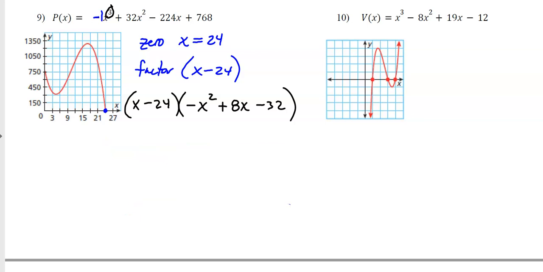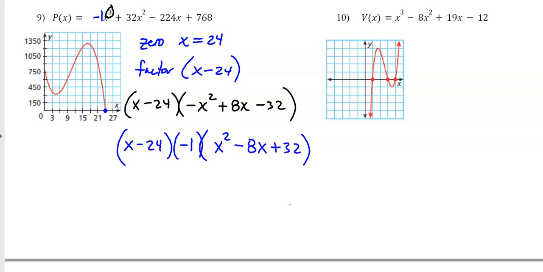Now, some people would probably frown on me leaving that negative in front of the x squared. So they might be like, hey, Kraft, you really should pull a negative 1 out of this, and call that x squared minus 8x plus 32.